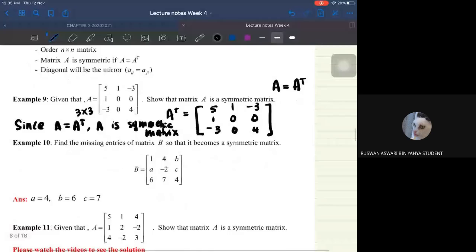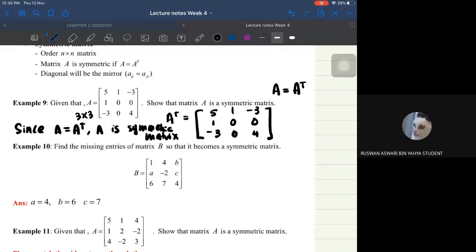Okay. Find the missing entries of B so that it becomes a symmetric matrix. Apa nilai A, B, C? Dia bagi hint dekat sini, matrix B adalah symmetric matrix. Apa nilai A, B, C supaya matrix B tu jadi symmetric matrix? Tak perlu direct je boleh dapat jawapan ni. Kan? So what is the value of A, B and C?